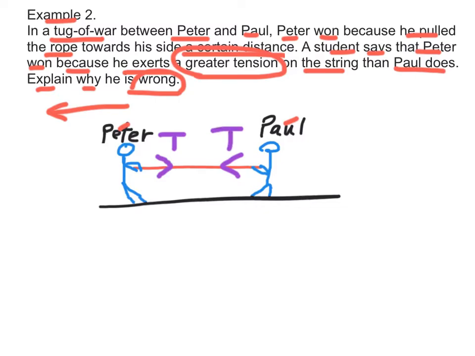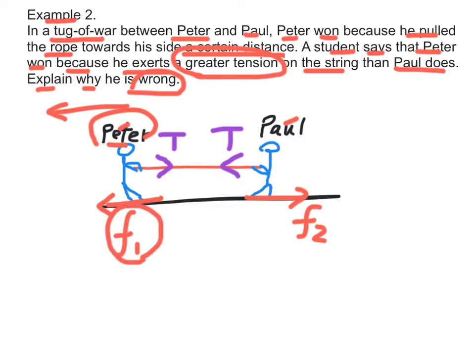Besides tension, there are frictional forces acting on Peter and Paul. The friction on Peter is F1 and the friction on Paul is F2. Peter won because the frictional force on Peter, F1, is larger than the frictional force acting on Paul, F2.